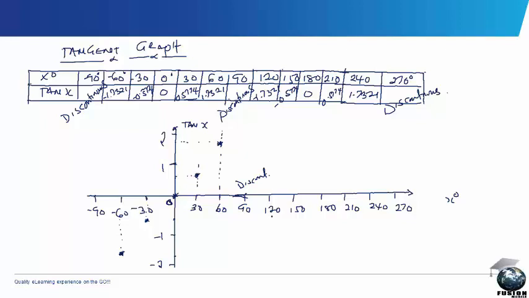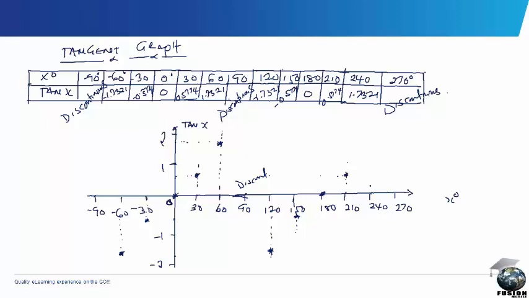But at 120 you have minus 1.7. The graph starts afresh. Did you notice that? At 150 you have minus 0.5, which should be at this point here. At 180 it is 0, and then at 210 it is positive 0.5, at a point close to this mark.